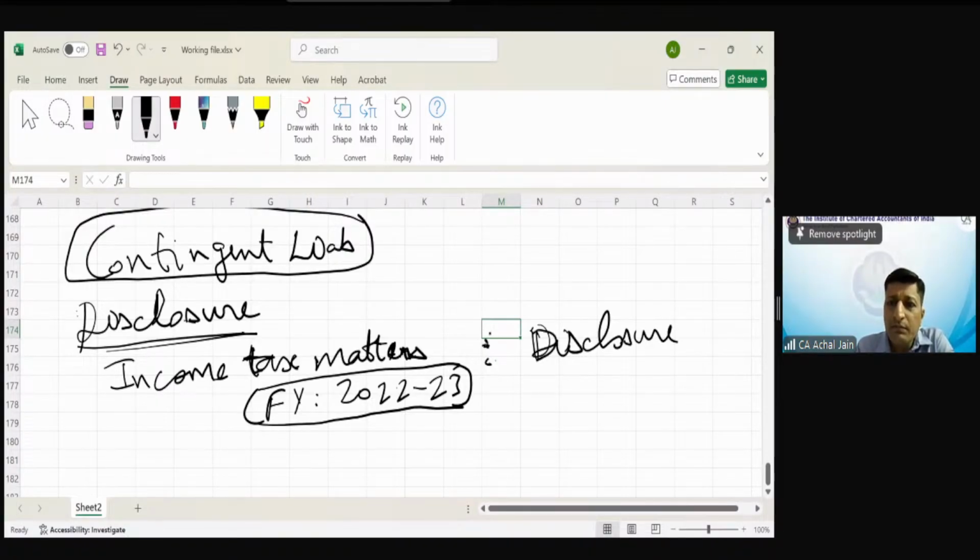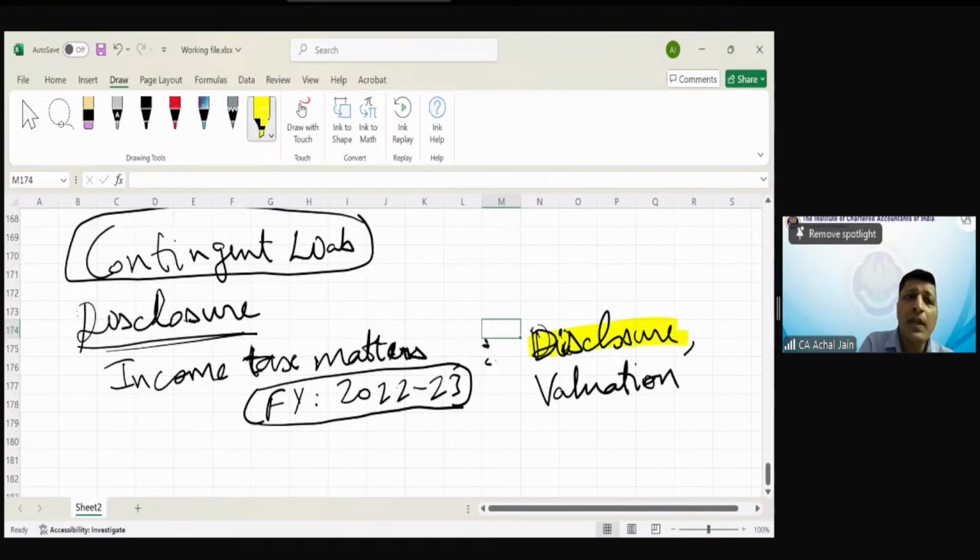Okay, there's no doubt. Another one could be the valuation. Okay, because it's not only about the description which is a problem for the auditor. It may also be the amount. Okay, we don't know. Yeah, so that's why one assertion which could be impacted because of this observation of the auditor, we may say, is the disclosure. Another assertion which may be impacted due to this, we may say, is the valuation.